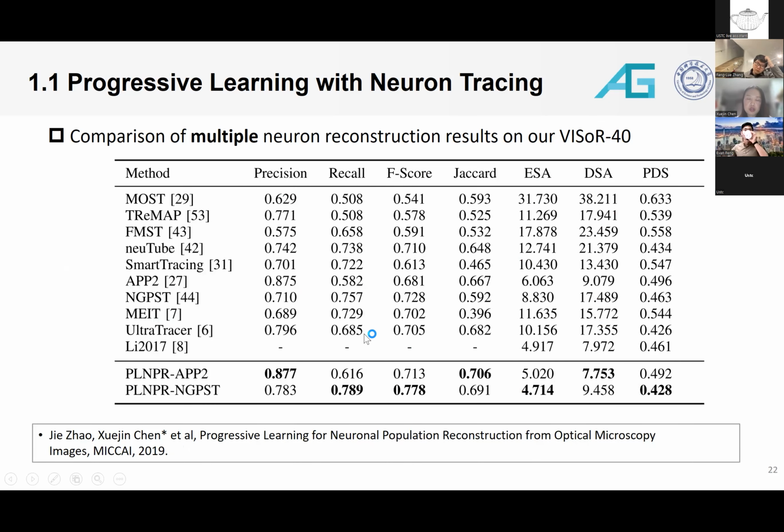We also show some quantitative comparison, and you can see that with different traditional tracers, our progressive learning framework can increase the reconstruction accuracy.